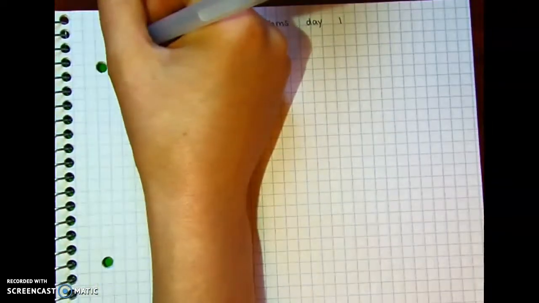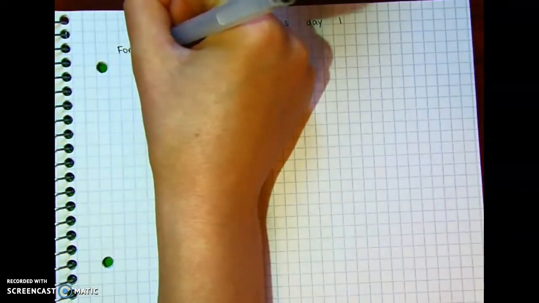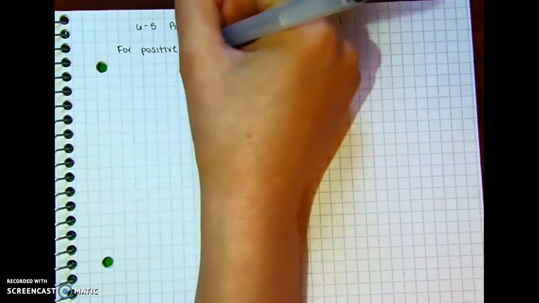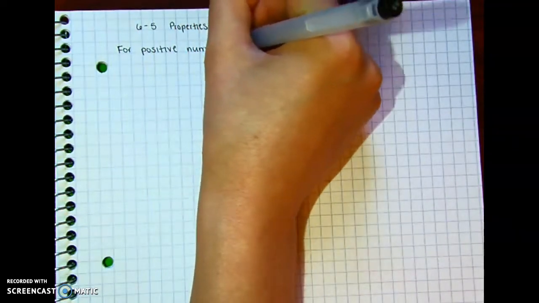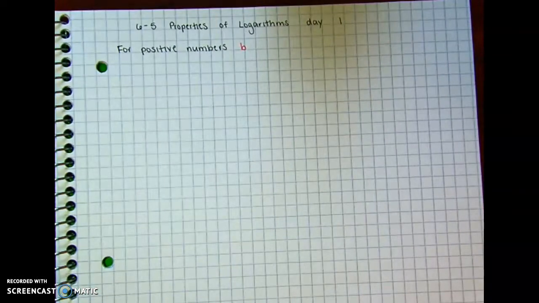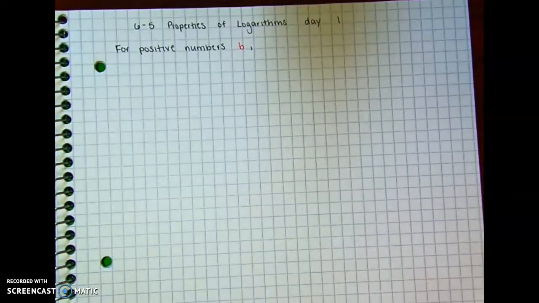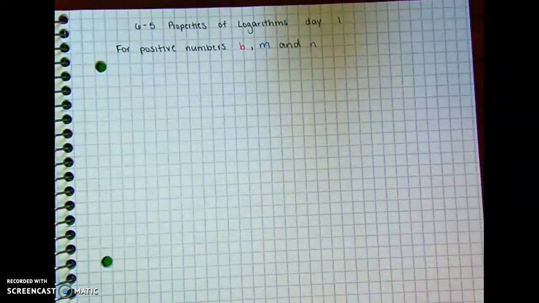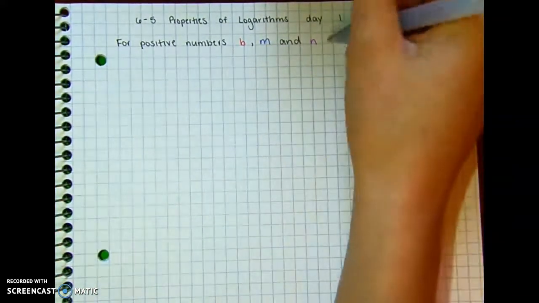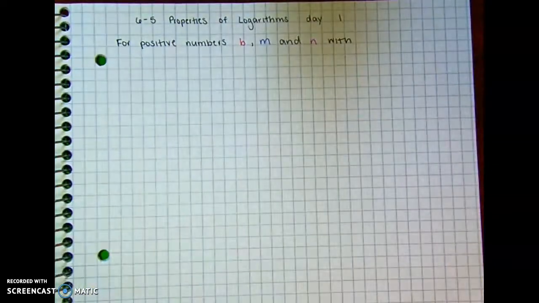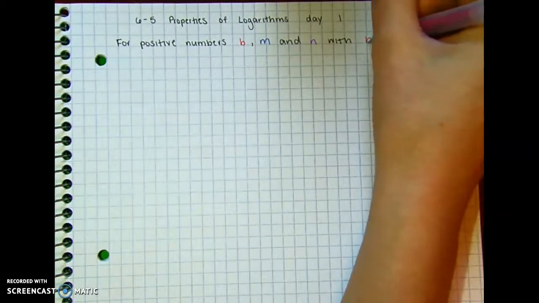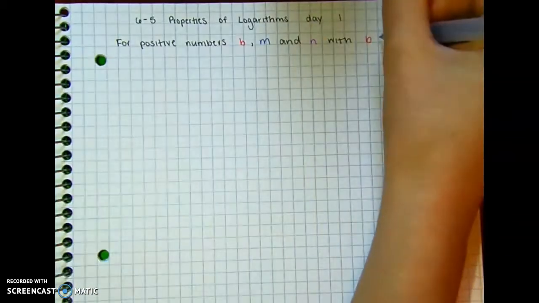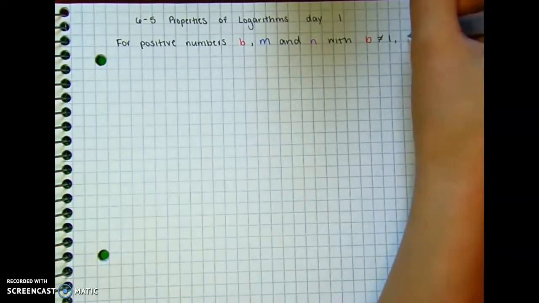So for positive numbers B, I'm going to do some color coding, M and N, with B not equaling 1, the following properties hold.